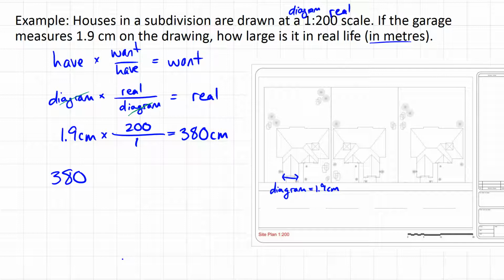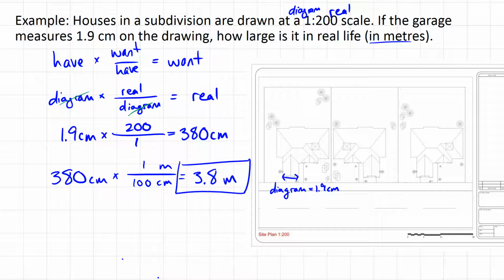So we do a unit conversion of 380 centimeters times 1 meter for every 100 centimeters, which equals 3.8 meters. So there is our real life width of the garage, which we got from a measurement on a scale diagram and a scale factor.